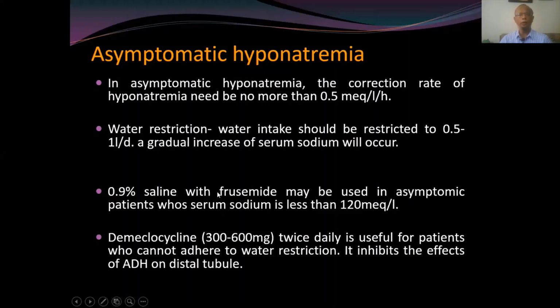And if required, you can give isotonic crystalloids. 0.9% sodium chloride with furosemide may be used in an asymptomatic patient whose serum sodium is less than 120 milliequivalent per liter.